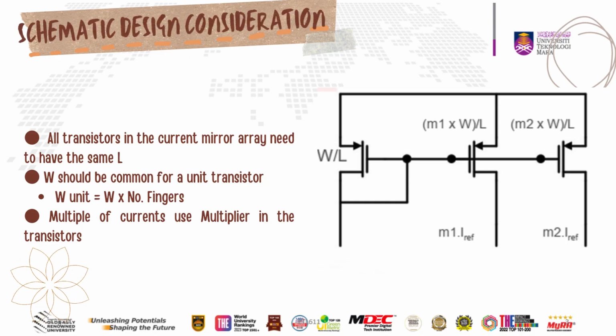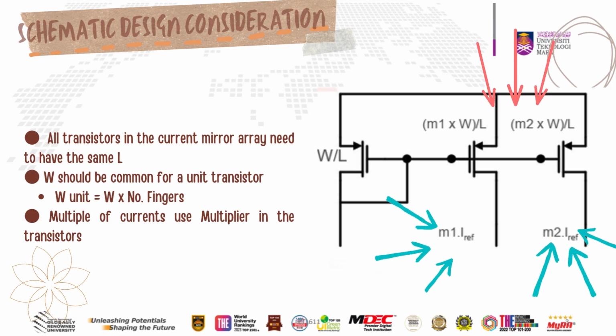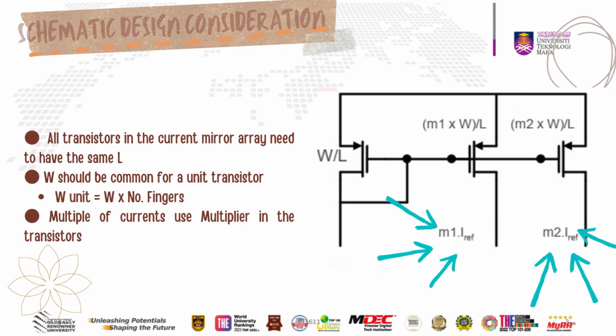The schematic diagram here shows an implementation of the current mirror array where M1 times W over L and M2 times W over L represent the sizing of the transistors in the current mirror. M1 ref and M2 ref are the reference transistors that set the mirrored current.